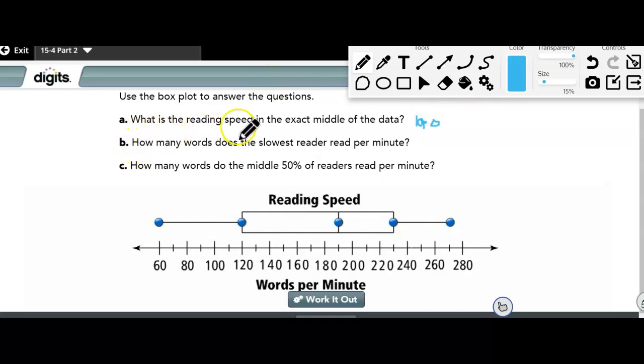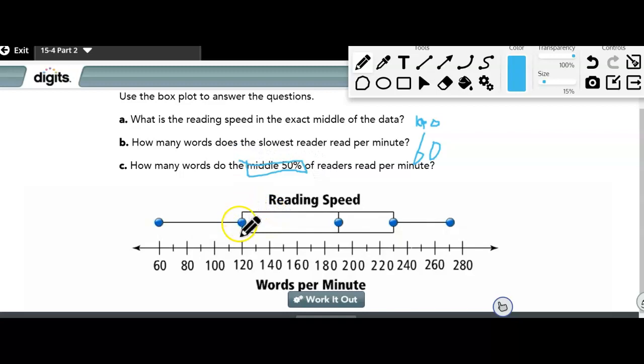B says, how many words does the slowest reader read per minute? That would be our slowest, so the minimum, which is 60. C is probably the more challenging one. How many words do the middle 50% of the readers read per minute?